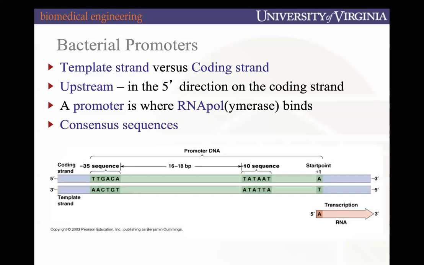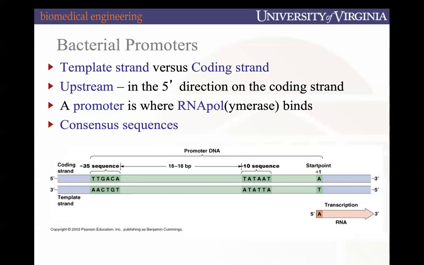Upstream of that on the coding strand, or to the left, or in the 5' direction, is the actual promoter. So the promoter is not part of what's going to be encoded in the subsequent mRNA transcript, but rather it's the site at which RNA polymerase is promoted to bind to then promote subsequent transcription of the transcriptional unit downstream from the promoter.